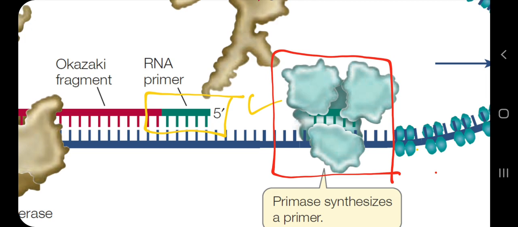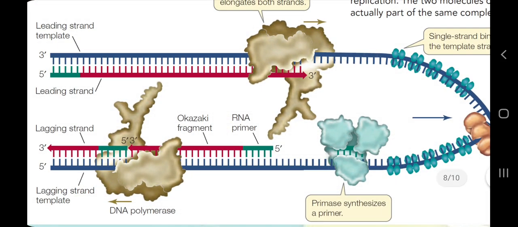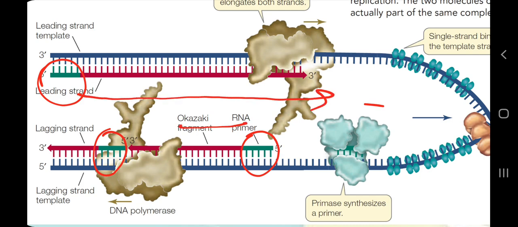Next, single strand binding proteins will hold the single strands of DNA. Then third, the primase will synthesize a short RNA sequence. Then DNA polymerase will come and start synthesizing the DNA molecule. Here you can locate the primers synthesized by primase. Now you can correlate, this is the leading strand, this is the lagging strand. Here you are noticing two primers.